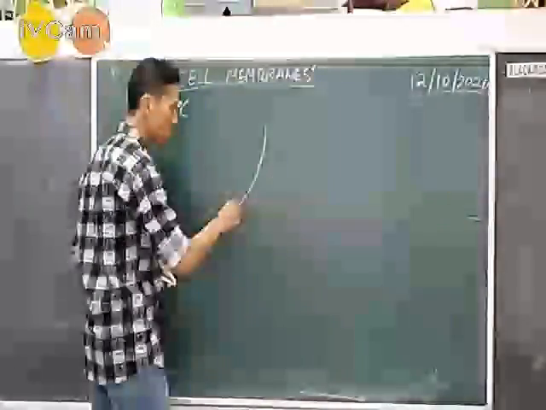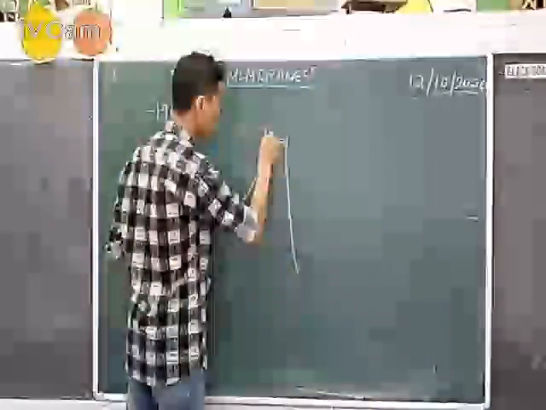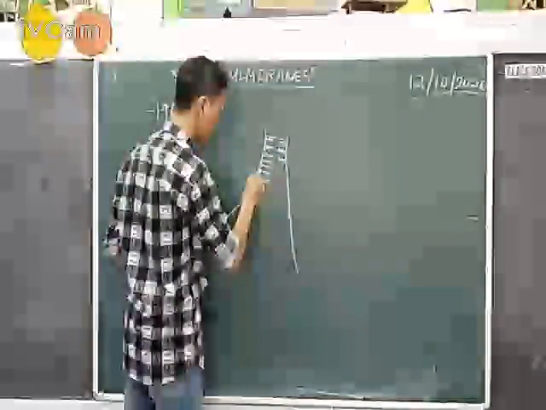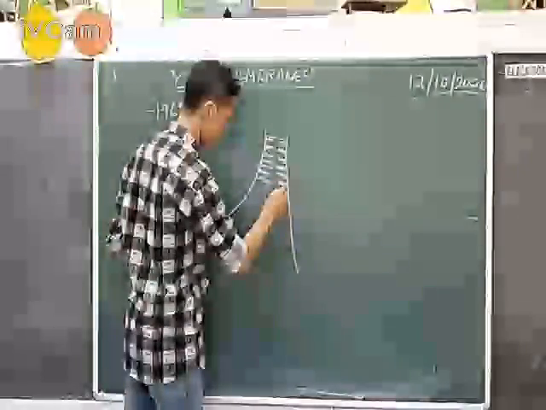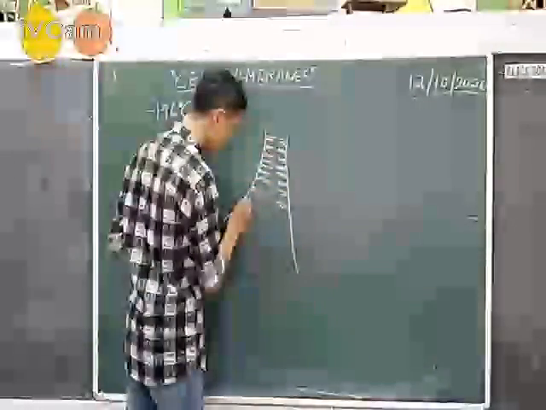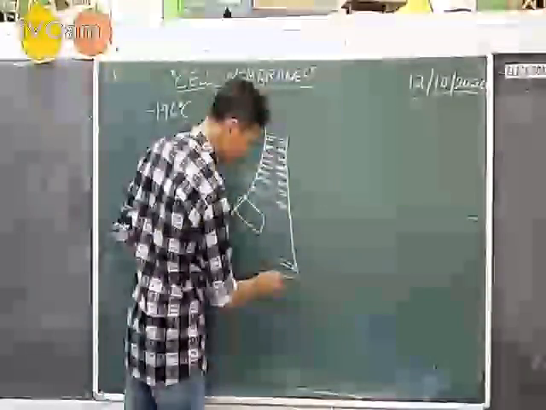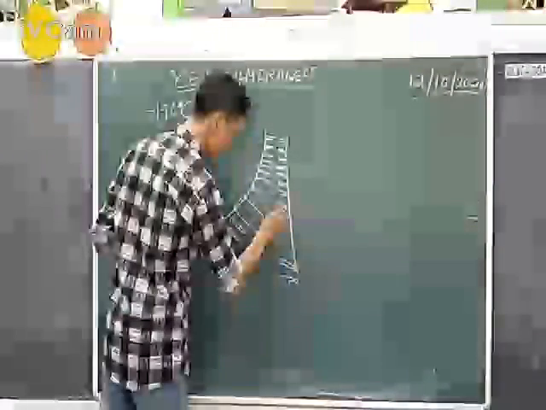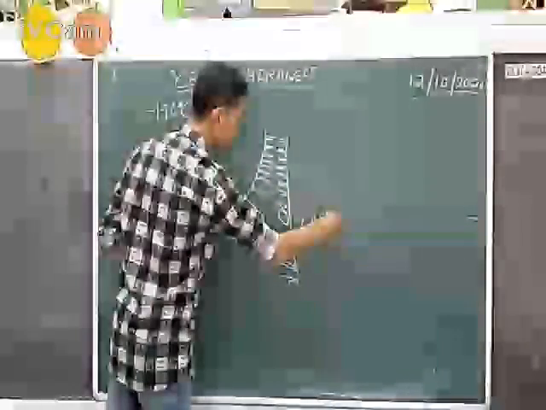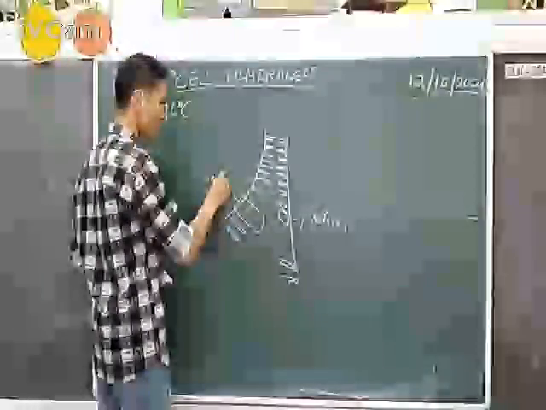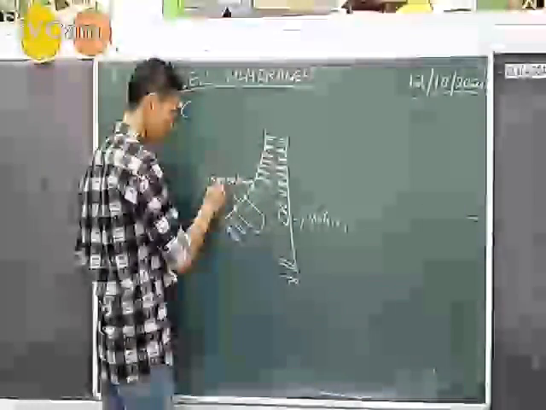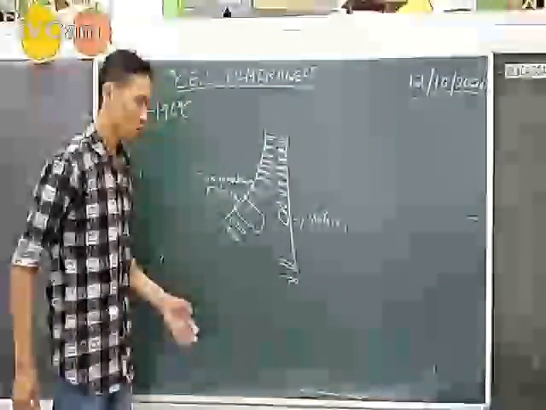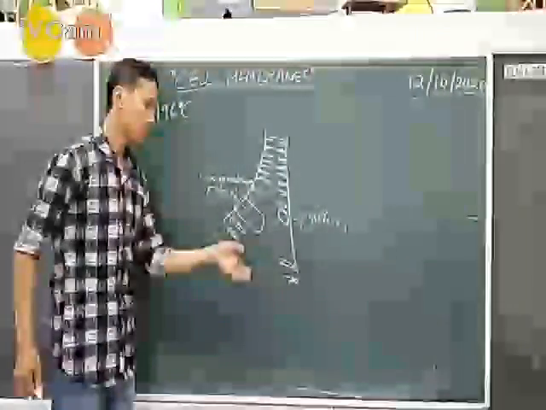So after cutting the cell, if you cut a cell membrane and separate it into two layers, what you're going to see is you're going to observe proteins and lipid layers.